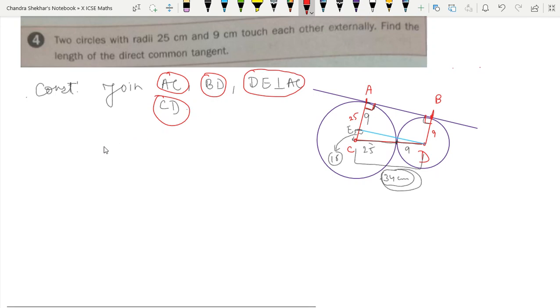After that, we have to prove that AEDB is a rectangle. So we know that angle A is equal to angle B, and they are equal to 90 degrees, being tangents. The tangent makes 90 degrees with the line joining the center of the circle.